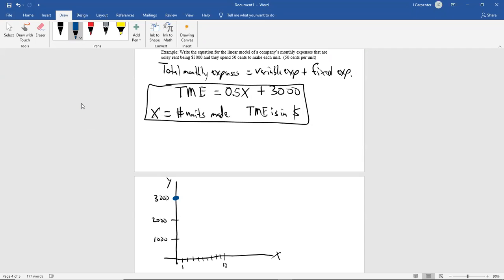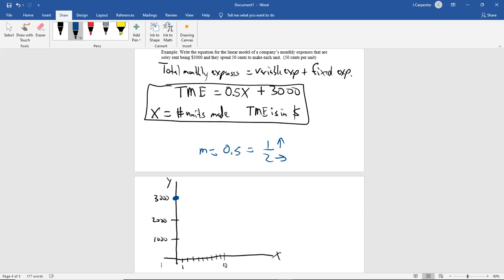And then I'm barely going to be able to show you this because of the scaling. And that's the reason I'm doing this. I'm going to do it once and I'm going to do it again. Our slope is 0.5, which as a fraction is a half, which says you go right 2 and up 1. But I don't really have a very easy way of showing where 3001 is.